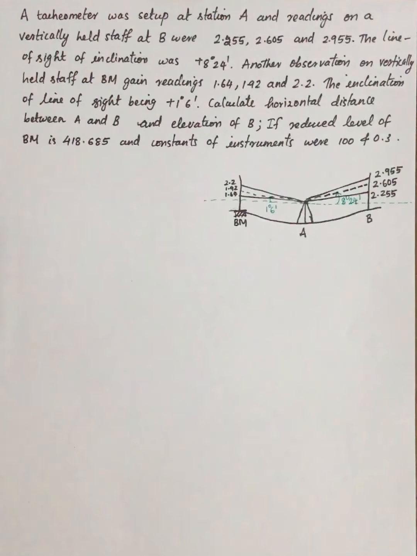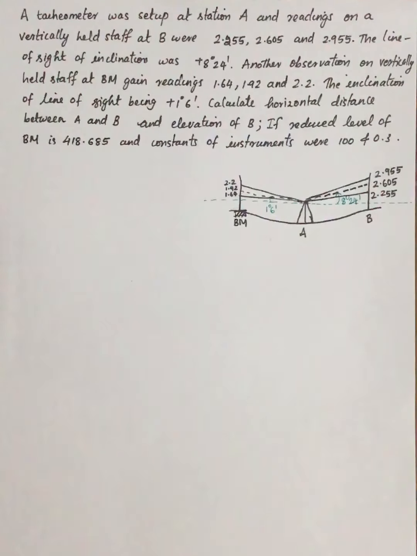Another observation on a vertically held staff at the benchmark gave readings 1.64, 1.92 and 2.2, the inclination of the line of sight being plus 1 degree 6 minutes. Calculate the horizontal distance between A and B and the elevation of B, if the reduced level of the benchmark is 418.685 and the constants of the instrument are 100 and 0.3.